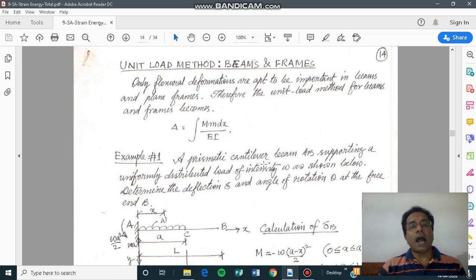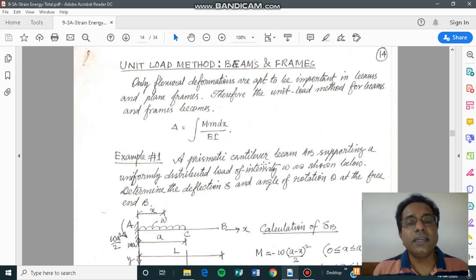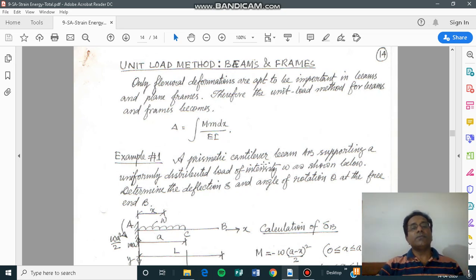Apply a unit load at the point where you want the slope or deflection. If you want a deflection, either horizontal or vertical: for vertical deflection, apply a vertical unit load there; for horizontal deflection, apply a horizontal unit load there. If you want a slope, then put a unit moment couple at that point.